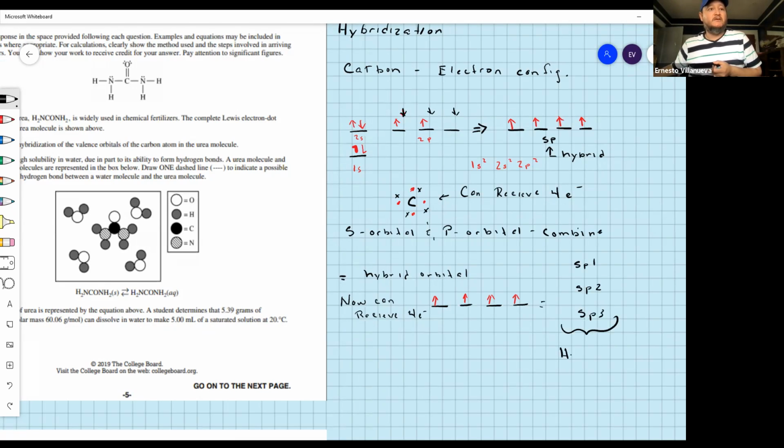Now you got to be able to tell the difference between the three so you know exactly what this is asking for. Because in this question, you need to identify what type of hybridization is existing on this atom right here. So that's why I needed to get the screenshot for you guys.